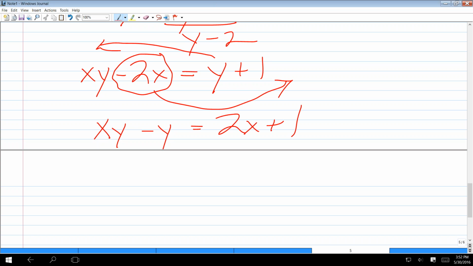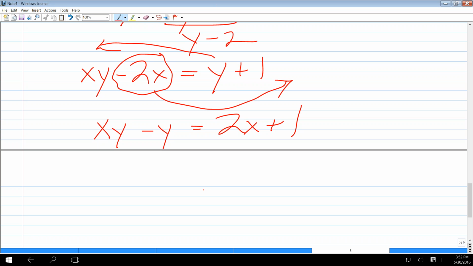See that? Now we're back to a very, very similar problem as we did a little earlier, where if I'm trying to solve for y, what do I have to do on the left side? Always think factoring. If you don't know what to do, think factoring.